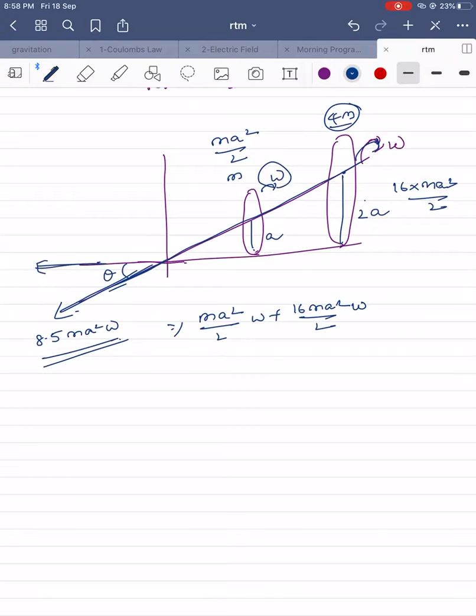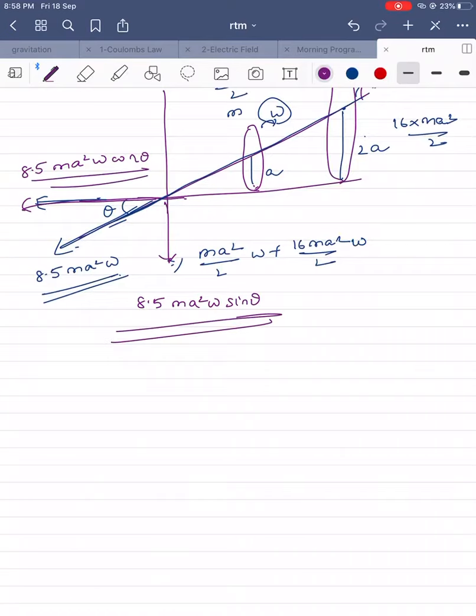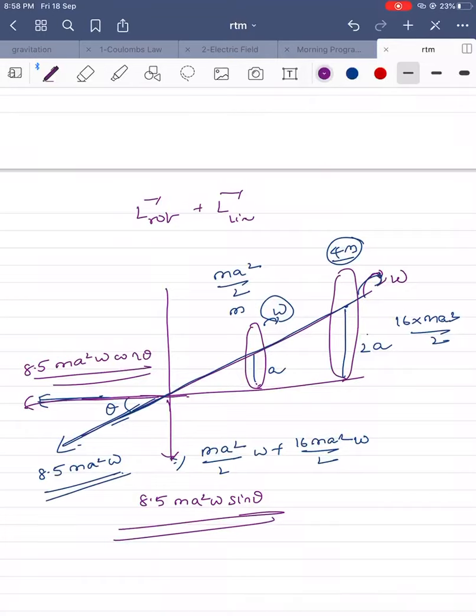We can resolve into components. One component we got already: 8.5 ma square omega cos theta. Another one: 8.5 ma square omega sin theta. Two values we got.